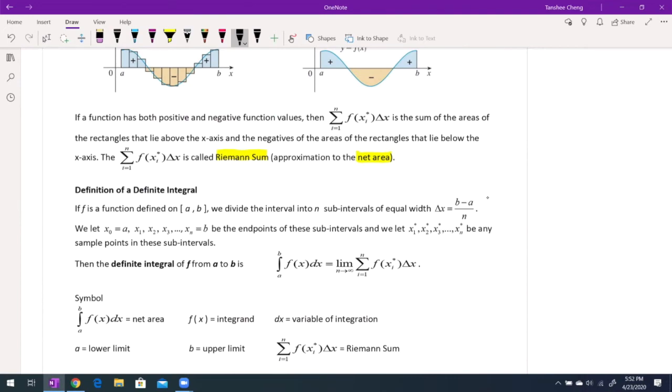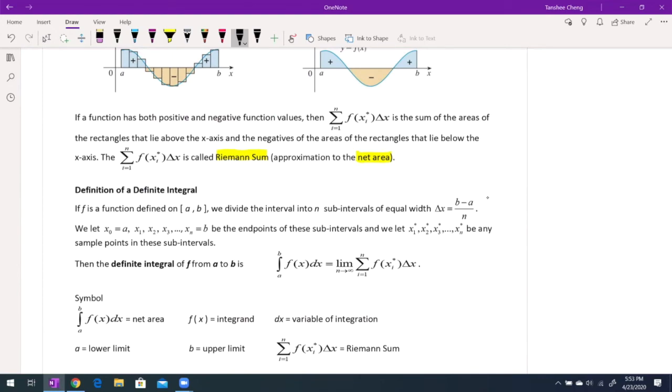For any subinterval in between, the area of those rectangles will be denoted by what we call the definite integral of function f from a to b. This is the integral notation.